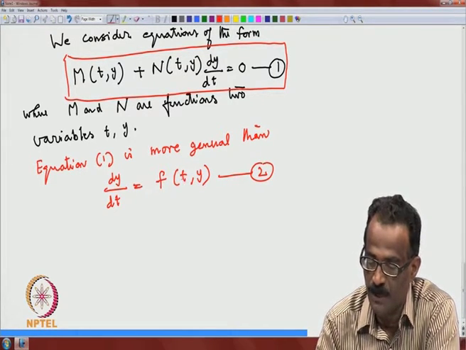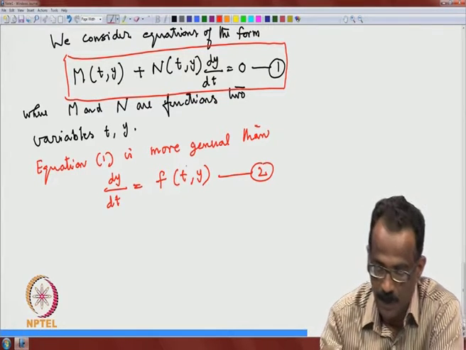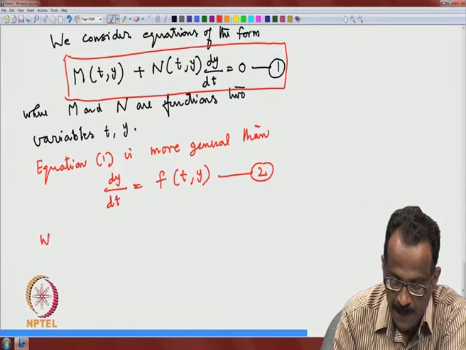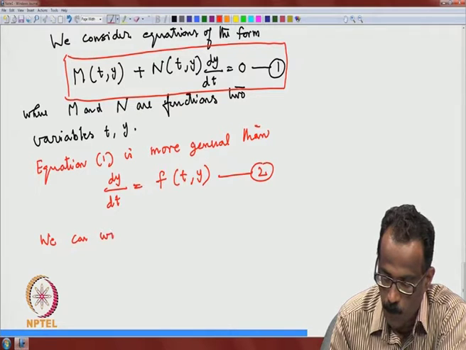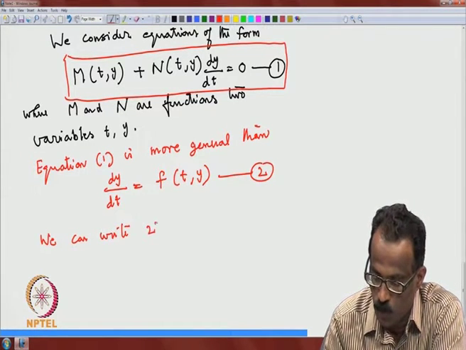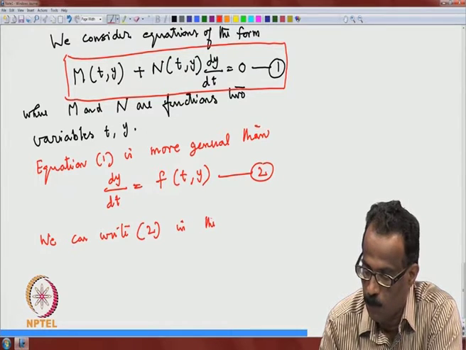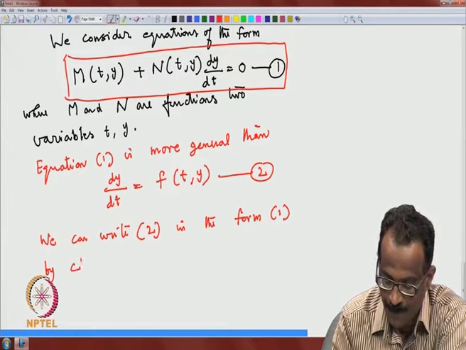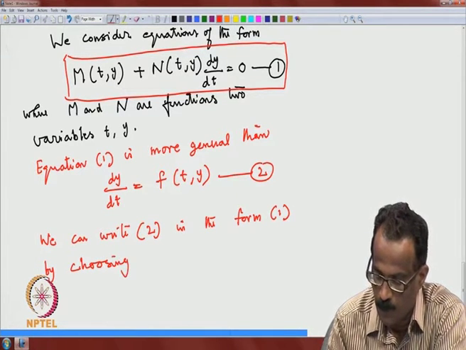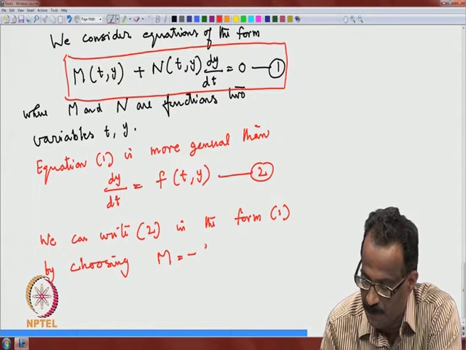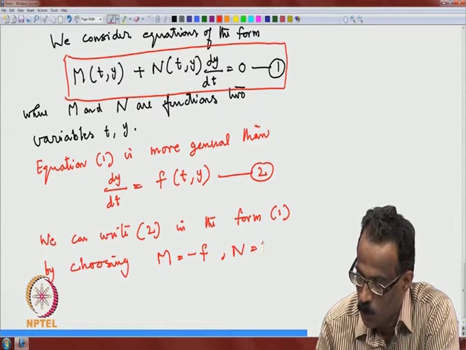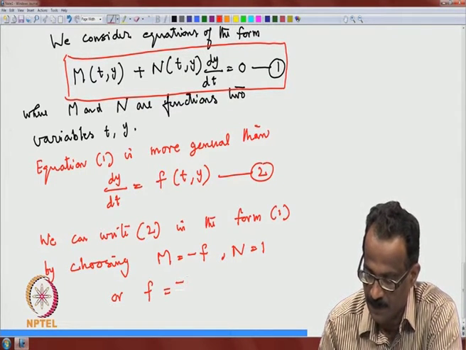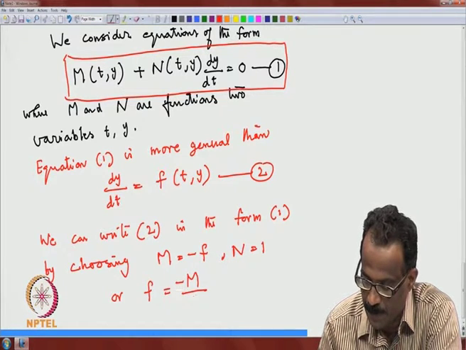You can always write equation 2 in the form of 1 by choosing M equal to minus f and N equal to 1, or f is equal to minus M by N, you see.